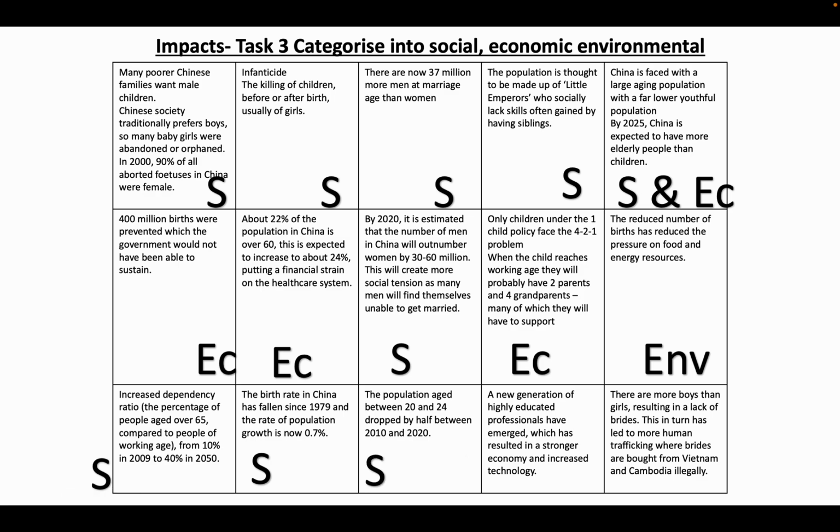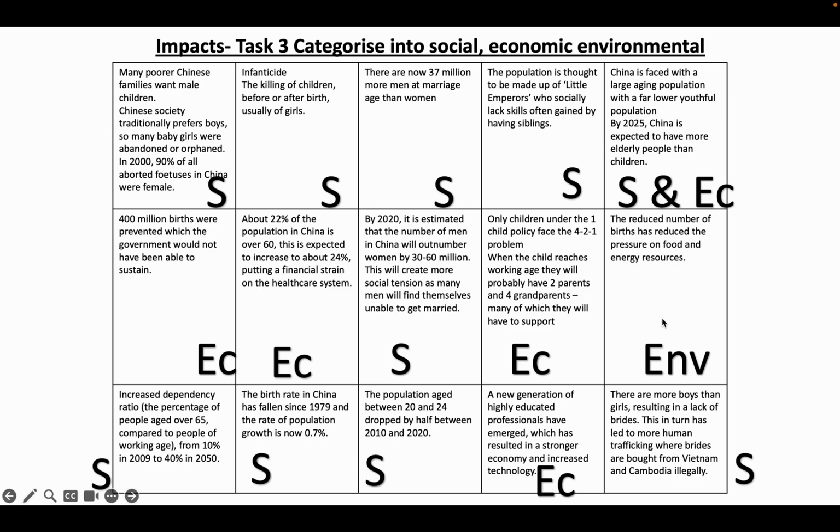Another social factor for the next one. I suppose again this is a positive, the next one here. It has resulted in a new generation of highly educated professionals. And the last but not least, it refers again to the gender imbalance, however specifically human trafficking as well. So that's a negative impact and a negative social one at that.